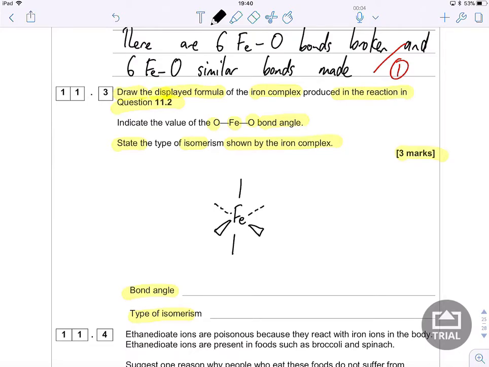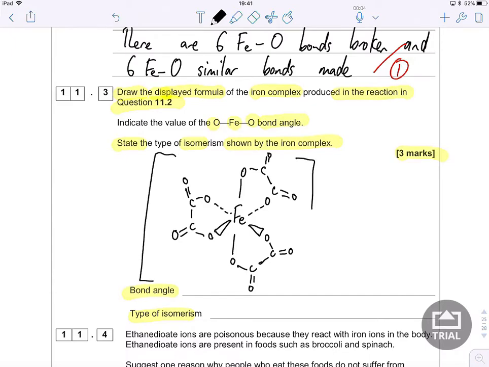So my octahedral shape, I've got my oxygens on my ethanedioate, so oxygen, oxygen, oops, that's not oxygen, carbon, and put my square brackets around it and my 3 minus on the outside.